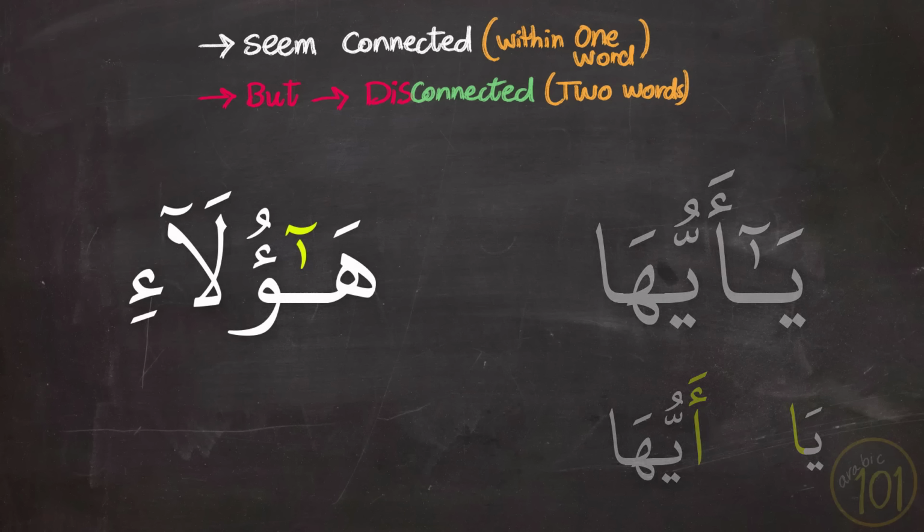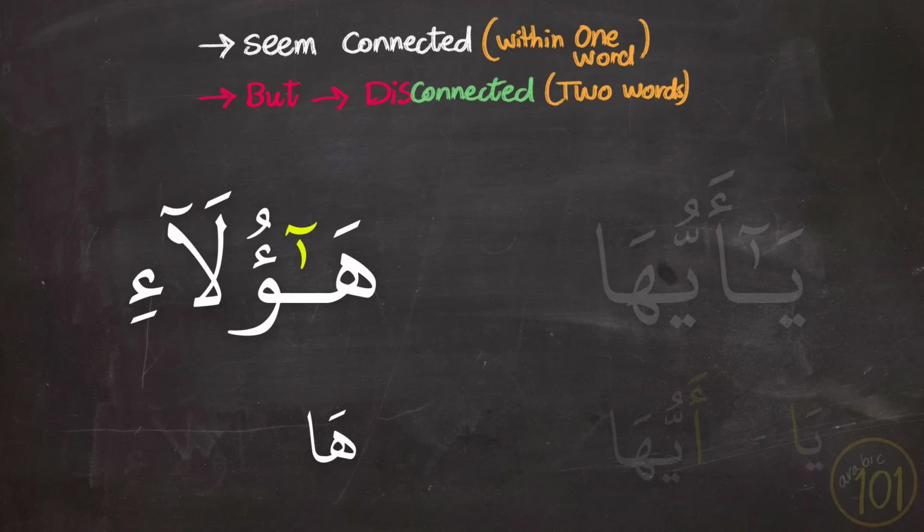Similarly with the word هؤلاء, the first med is med munfasil because this word is made up of two words, ha and ula. And that's why the first med of the word هؤلاء is a med munfasil. But the second med is a med muttasil, which means you'll always have to extend the alif in that position.